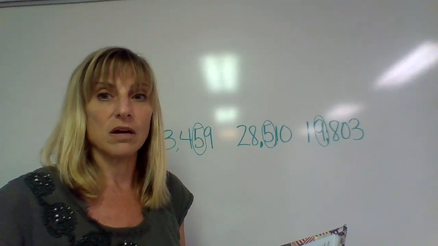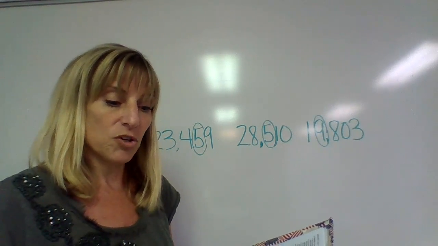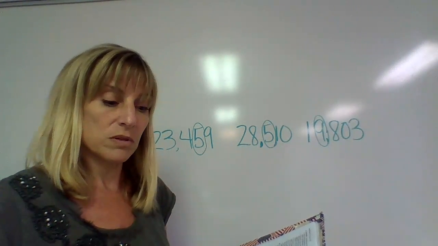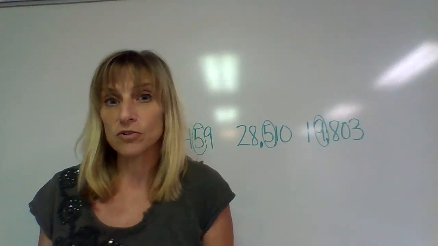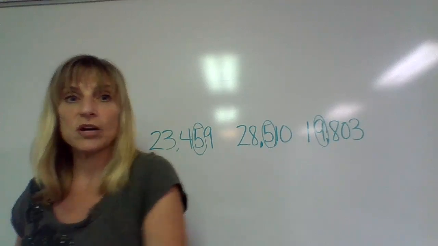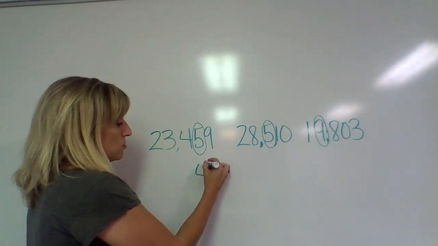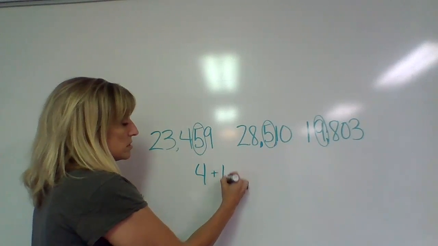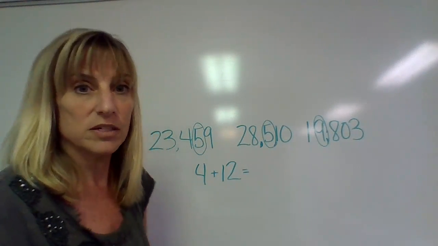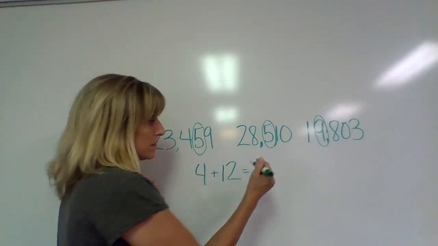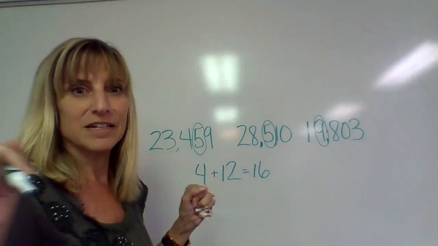Okay, so you can go ahead and rewind that if you need to again. So the girls brought 4, the boys brought 12. So on your piece of paper, you should have written 4 plus 12. And hopefully you got the answer 16. Yay!